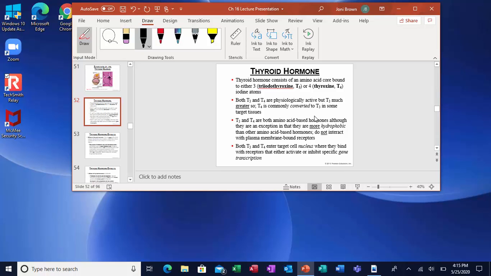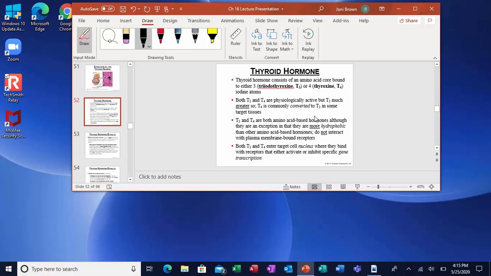And they're both active physiologically, but T4 will usually turn into T3 in some of the target tissues. But they're both amino acid hormones, and they are an exception to most amino acid hormones because they're more hydrophobic than other amino acid hormones.